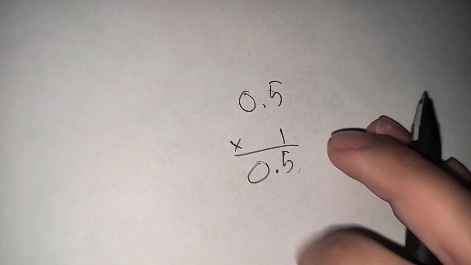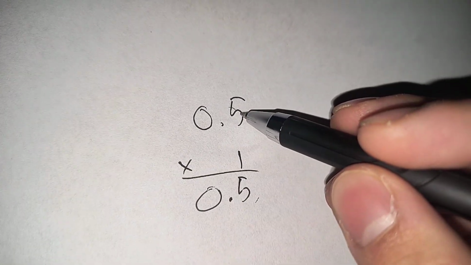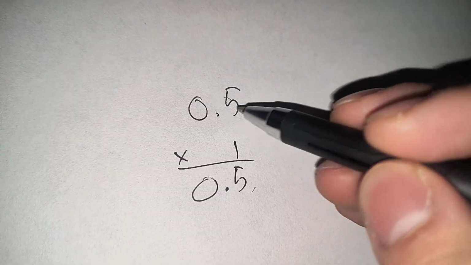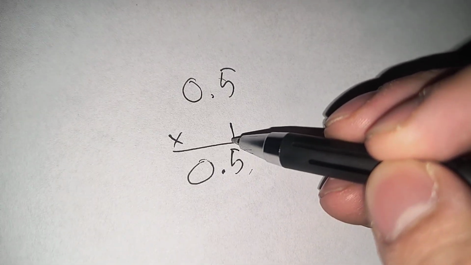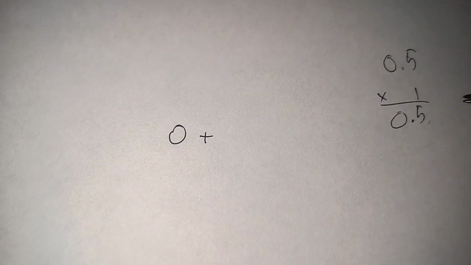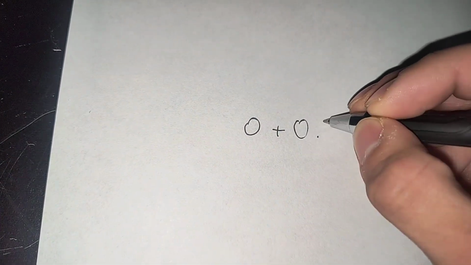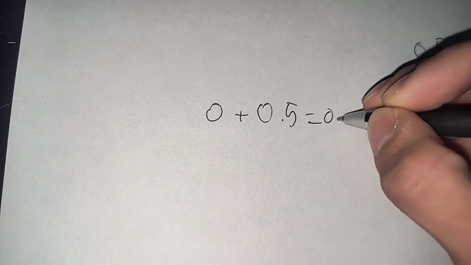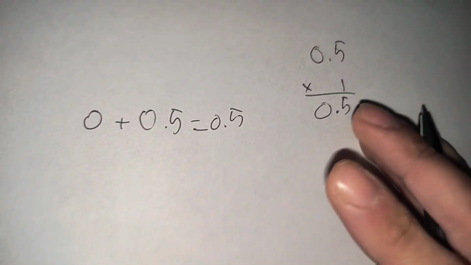Multiplication means that you add a certain number a certain amount of times to 0. So if I were to add 0.5 one time to 0, I get 0.5. So this makes sense.